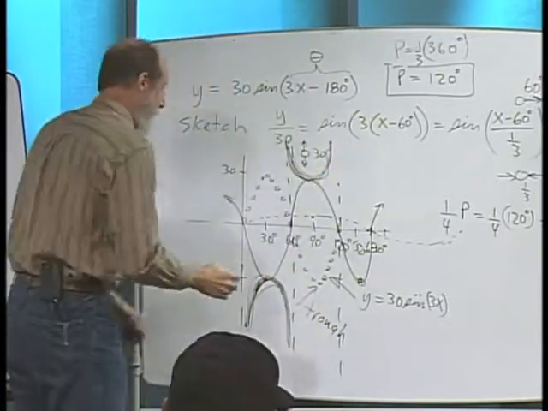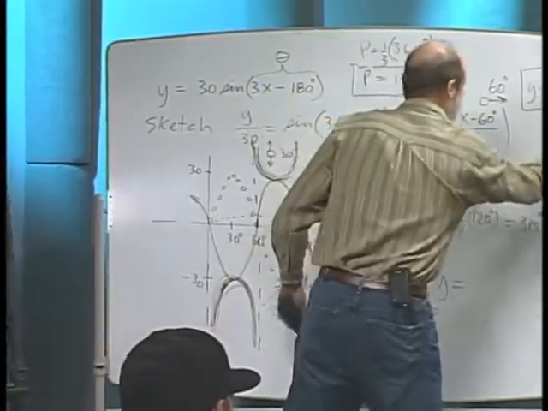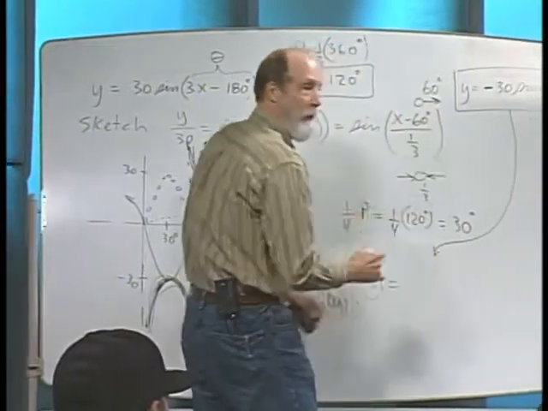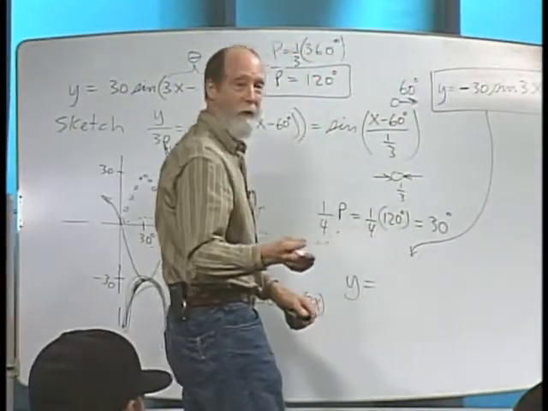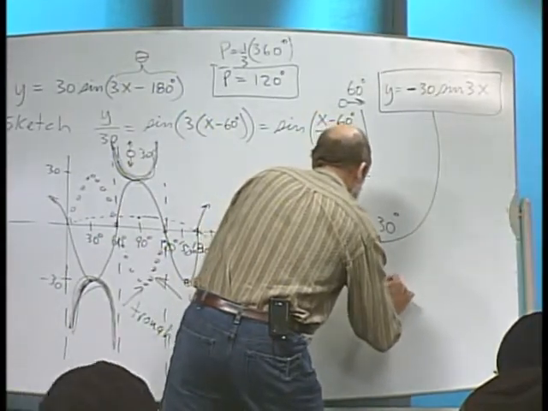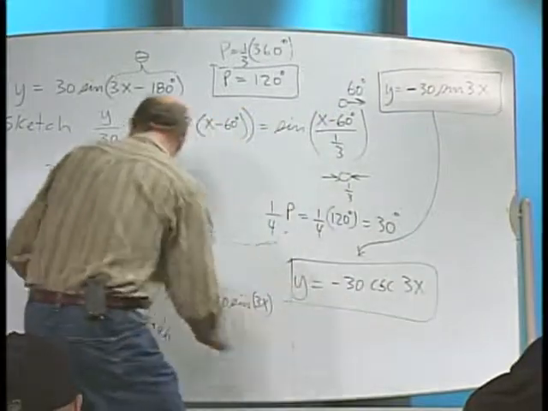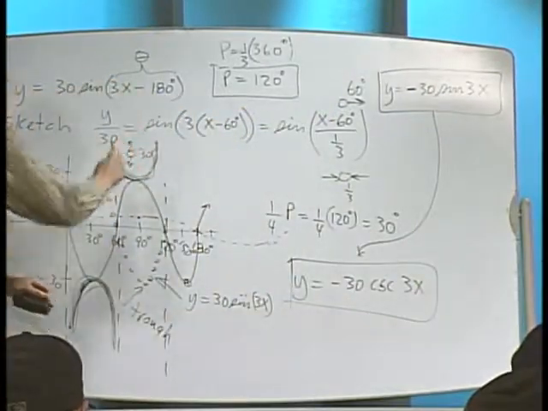And the equation of that thing, the easier form of it using this structure, is going to be an upside down cosecant graph. So it's going to be y equals minus 30 cosecant of 3x, that darkened extra graph shown there, one cycle.